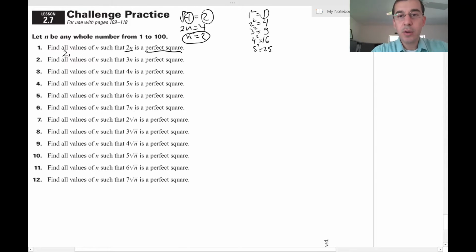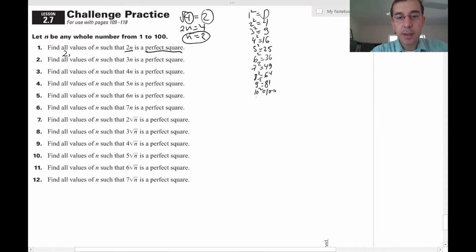So we have to go up to 200. So 6 squared is 36, 7 squared is 49, 8 squared is 64, 9 squared is 81, 10 squared is 100. So we're up to 100. We have to go up to 200 so that we can figure out the solutions.